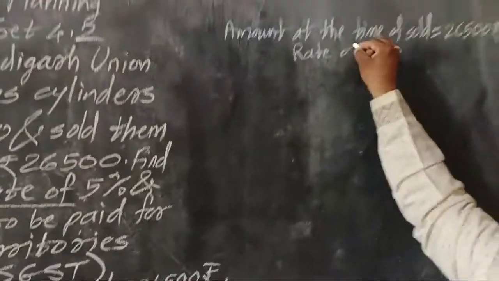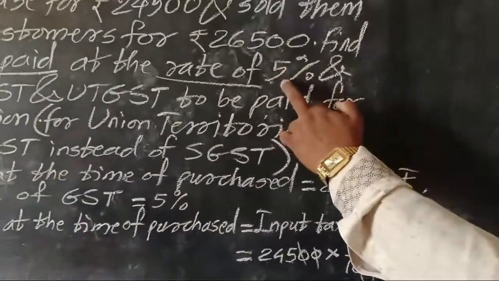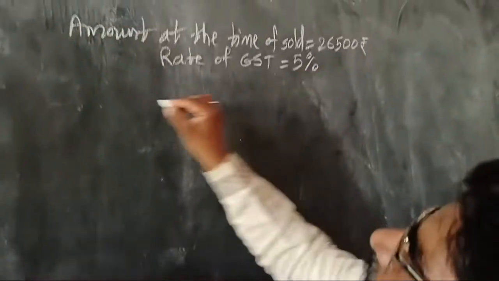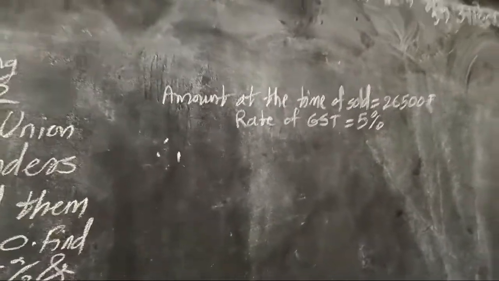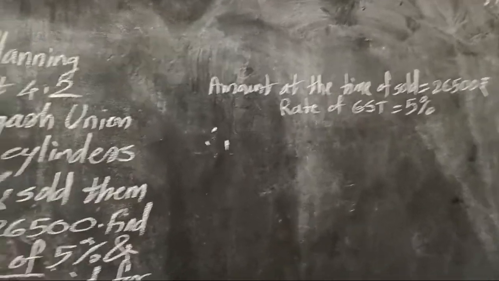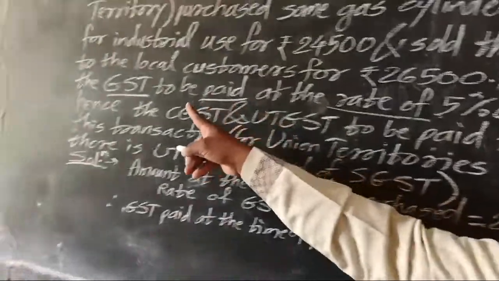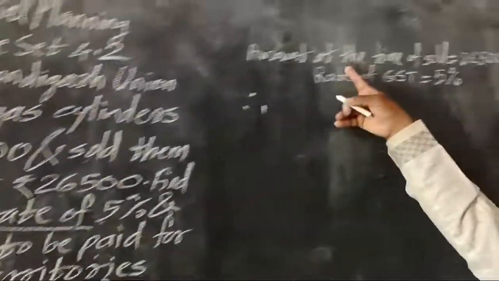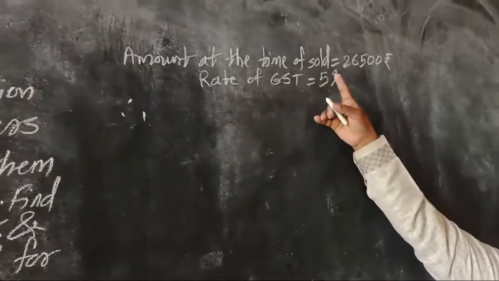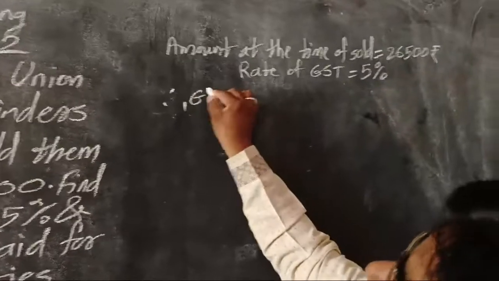Again, rate of GST is similar, that is, rate of GST is 5%. Therefore rate is same. Then we can write the sentence: GST paid at the time of sold.